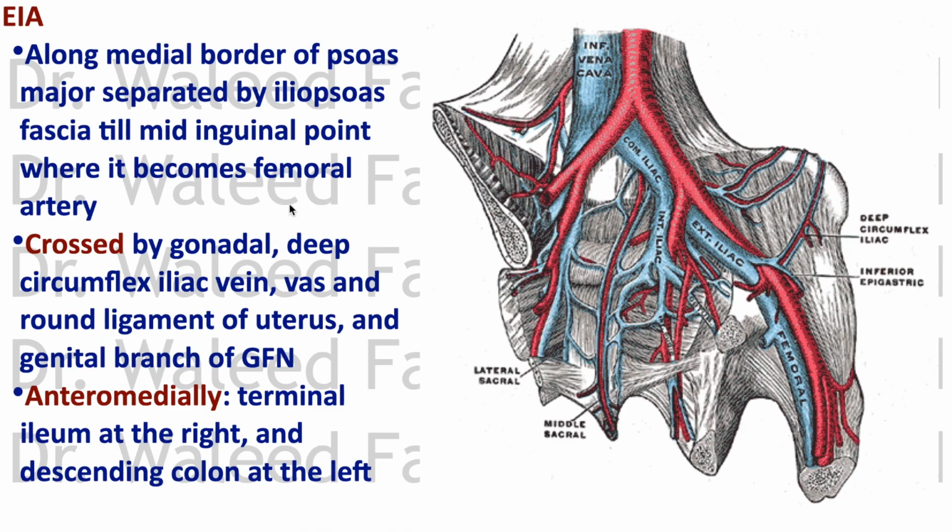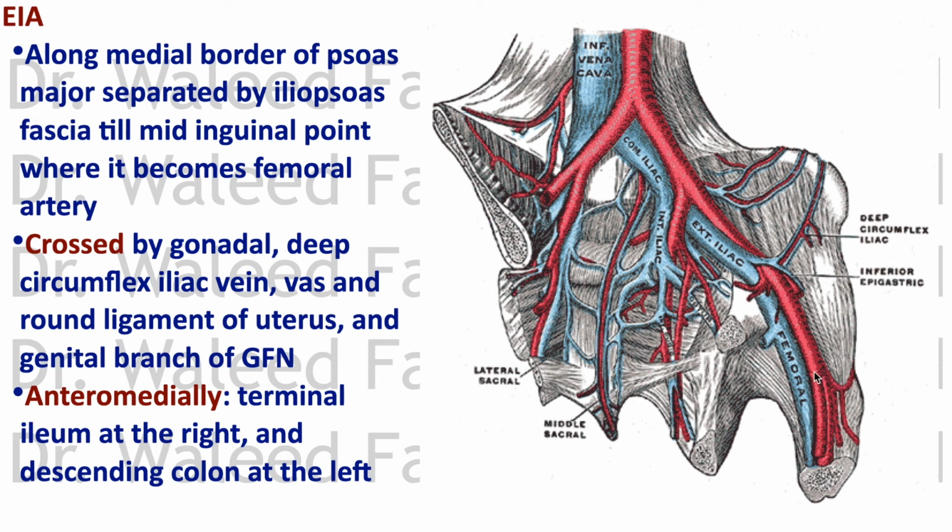Okay, the external iliac artery runs along the medial border of the psoas major, separated by the fascia around the psoas major, till the mid-inguinal point, where it becomes the femoral artery. It's the main artery of the lower limb.